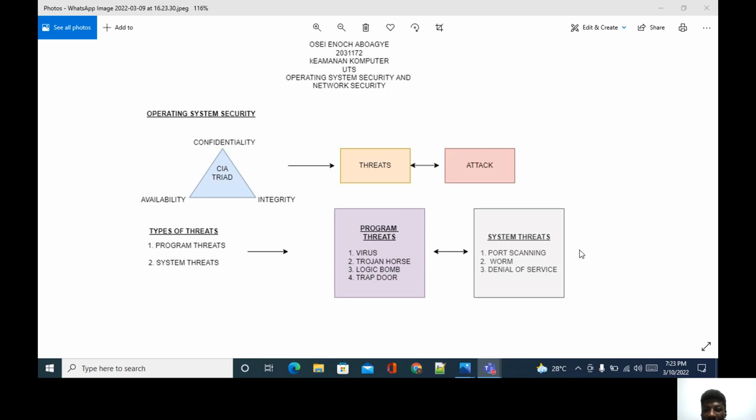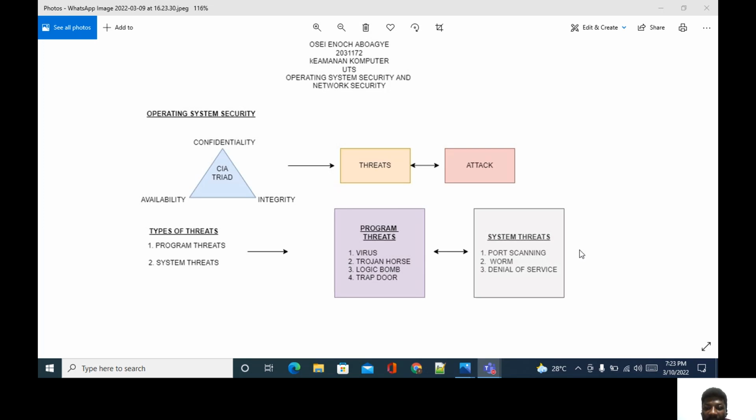Okay, then the last on the list under system threat is denial of service. When we say denial, I think we all know the meaning: if you are being denied access to something.